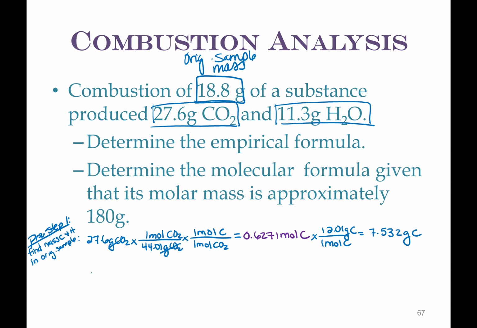Then we have 11.3 grams of water, 18.016 grams of water for 1 mole of water, again calculating that from the periodic table. For every 1 mole of water, you have 2 moles of hydrogen. 11.3 divided by 18.016 times 2 divided by 1, and I just need to do this real quick, is 1.254 moles of hydrogen.